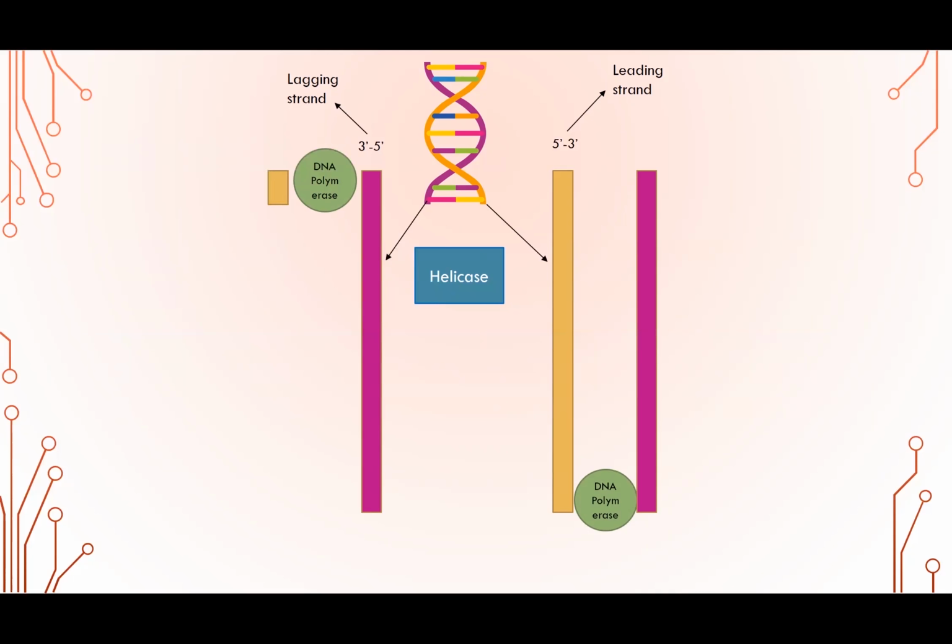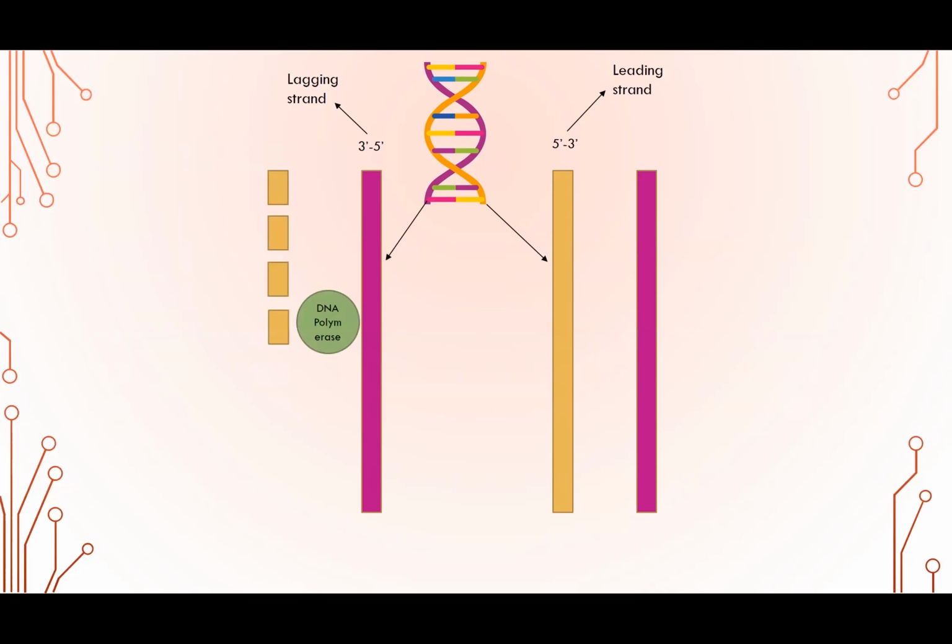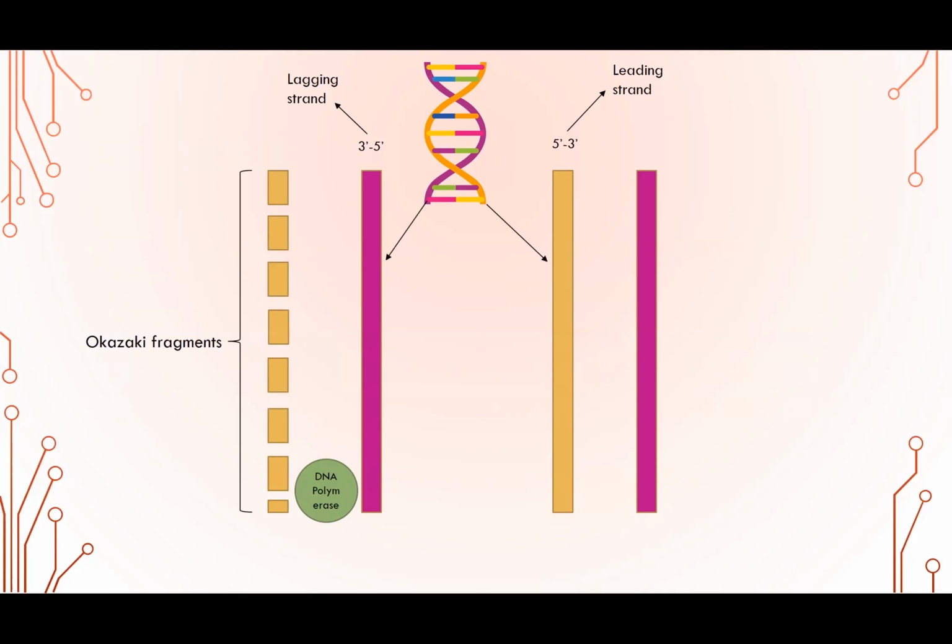So then we see DNA being synthesized in small pieces. And then it goes through the whole strand, and now we have a bunch of pieces, so we want to join them together and make a DNA strand. So then we have our Okazaki fragments here, and then we have DNA ligase, which goes and joins all these together and gives us a full strand.